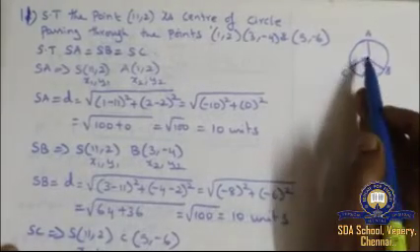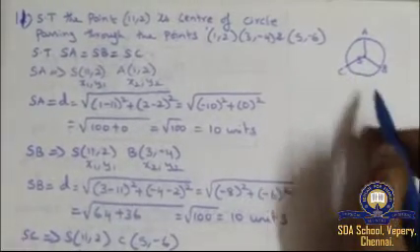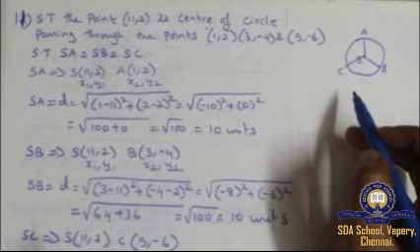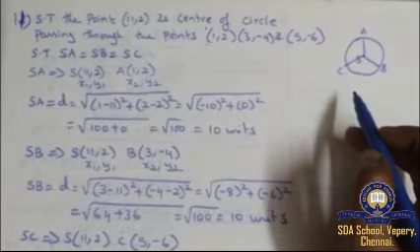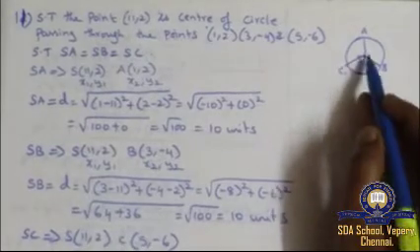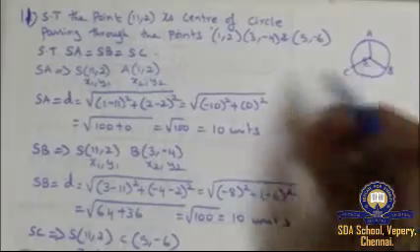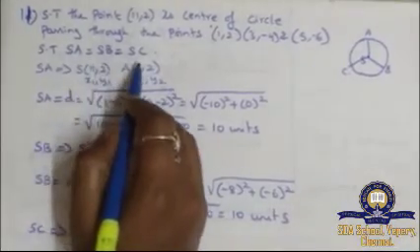From the center point, any line that reaches the circle is said to be a radius, and all the radii will be equal. So SA, SB and SC: S is the center of the circle, so SA is equal to SB equal to SC.